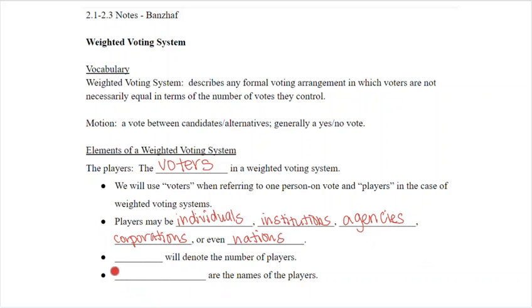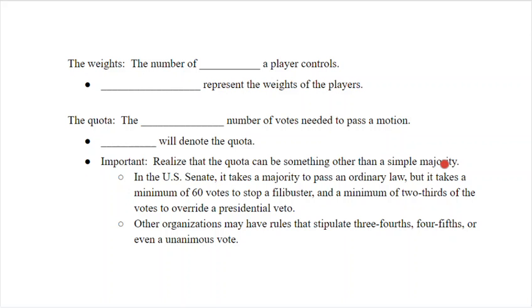We are going to use the capital letter N to denote the number of players in your weighted voting system. So we are going to name the players P1, P2, etc., all the way up to Pn. Now, the second important part of a weighted voting system are the weights.